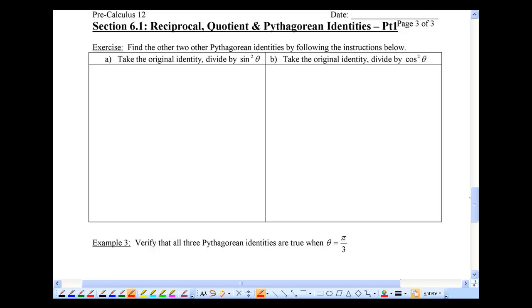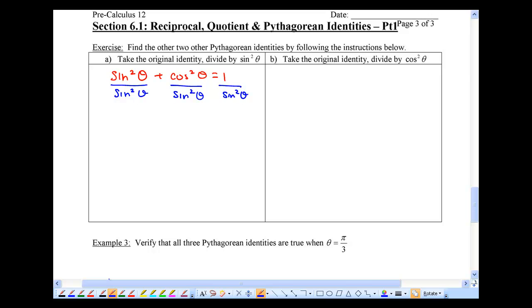But let's try anyways. In part A, I'm going to ask you to take every single term and divide it by sine squared theta. Let's see what happens when you do that.